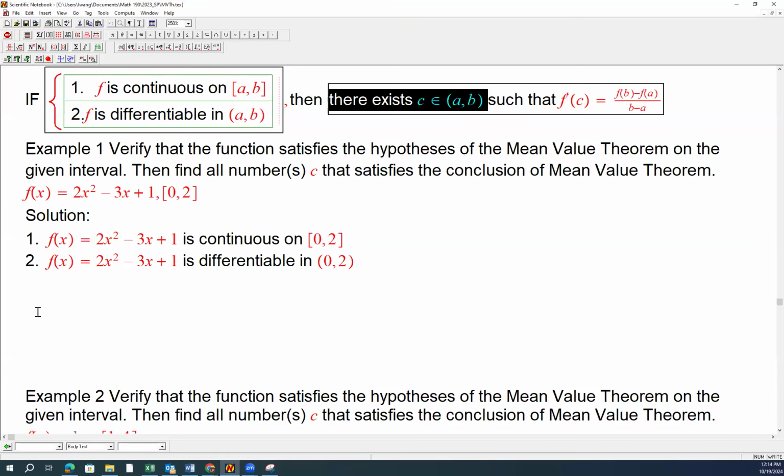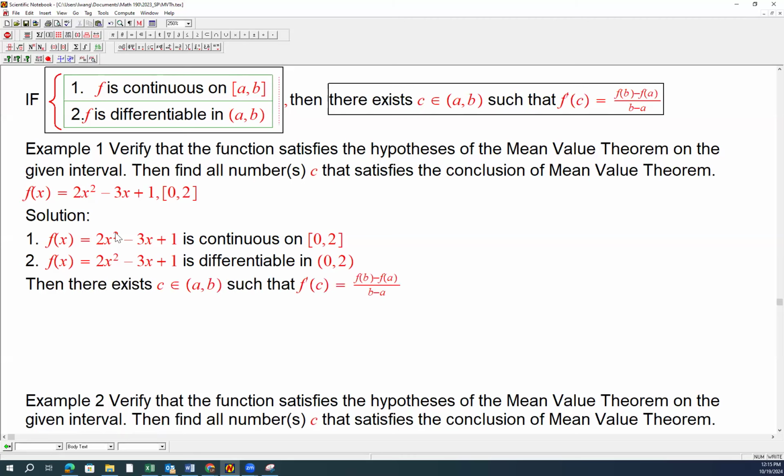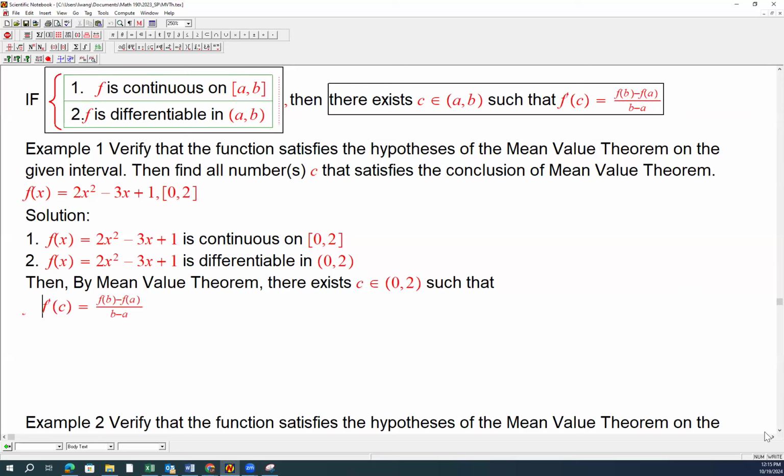Then you just say, then there exists a number c. You can also say, by the mean value theorem, there exists a number c between a and b, in the open interval, replacing a and b by the numbers in our situation, such that, we're going to plug in the quantities.